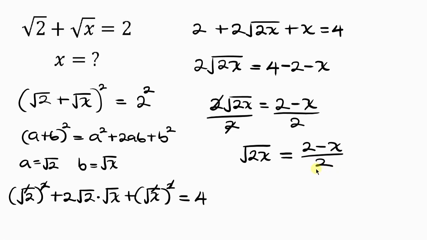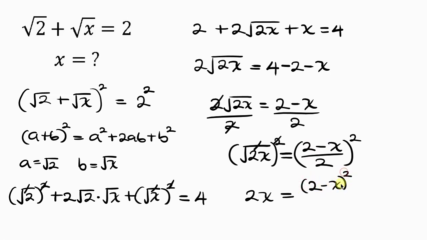Our next step will be for us to take the square of both sides. So I'm going to be squaring the left-hand side, and I'll also square the right-hand side. Now notice that this square can cancel off the square root, leaving behind 2x equal to, now what I have here can be written as 2 minus x raised to the power of 2 all over 2 raised to the power of 2.